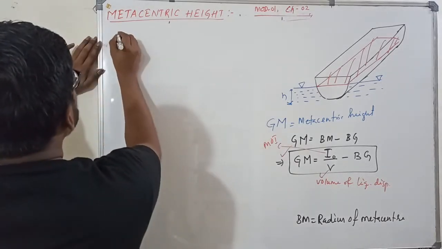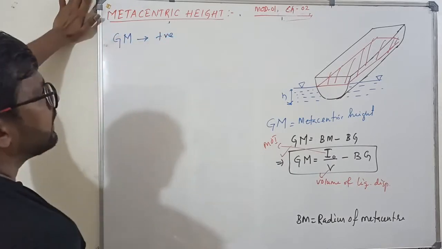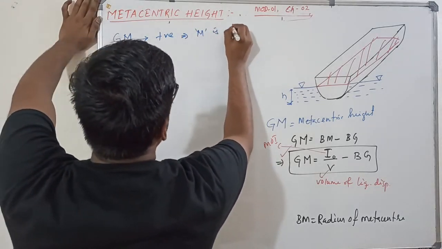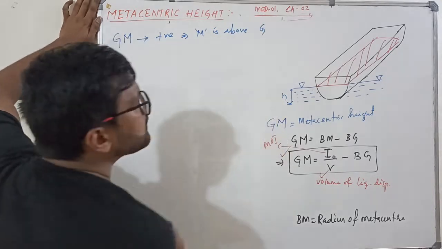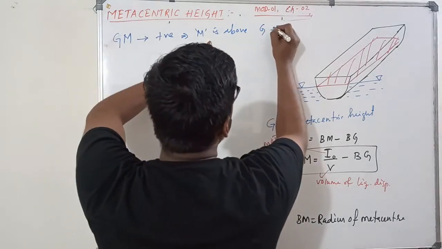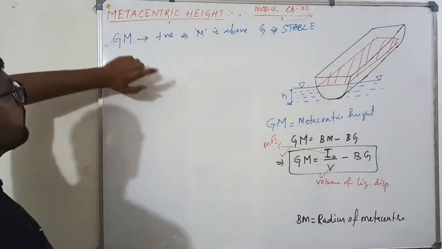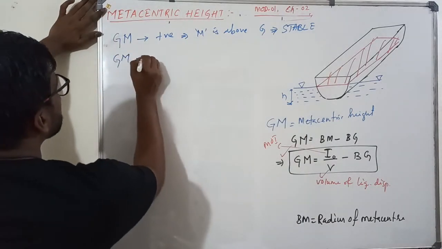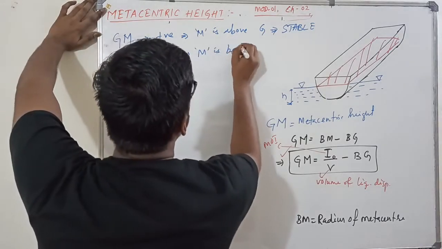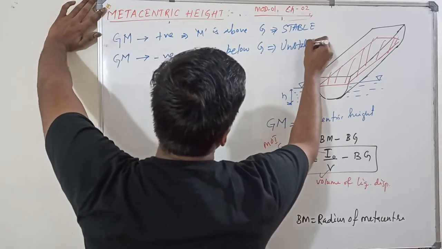If your metacentric height, that is GM, is positive, it means M is above G. So if the metacentric height is positive, M is above G, which equilibrium? Stable equilibrium. If the metacentric height is negative, that means M is below G, which means unstable equilibrium.